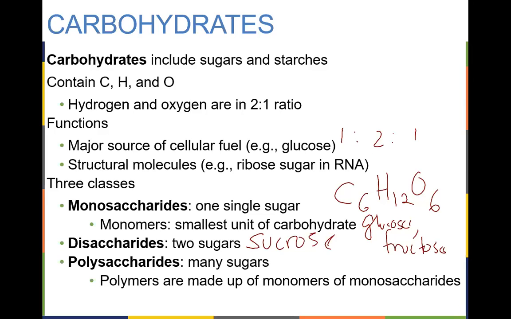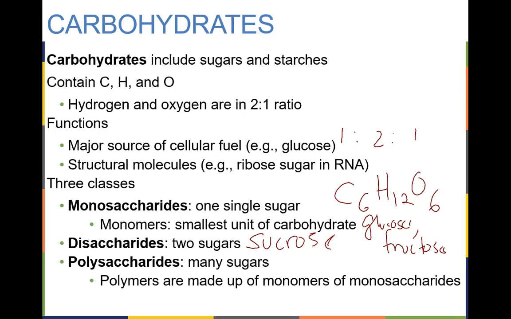The disaccharide is sucrose, the stuff we put in our coffee, the stuff we put in our tea, the stuff that we bake with, the stuff that comes in the little white packets at a restaurant. That's table sugar, sucrose, and it consists of two simple sugars linked together. We call it a disaccharide because it has two sugars. Glucose is a monosaccharide, it has one sugar.